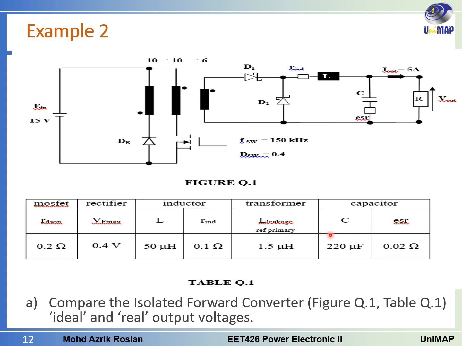We have the capacitor value, set at 220 microfarad, and the equivalent series resistance is 0.02. In this example, we have to find and compare the isolated forward converter ideal and real output voltage.